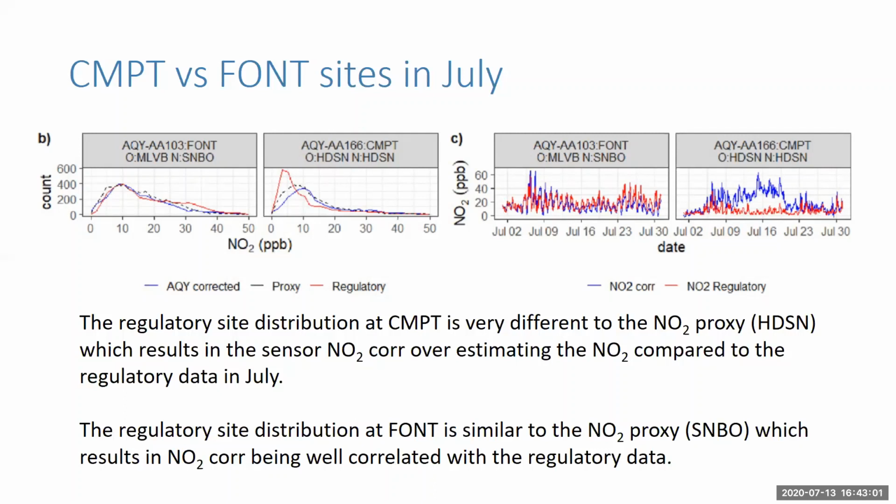Whereas the regulatory site distribution at Fontana is similar to its proxy at SNBO, which results in the NO2 correlation being well correlated with the regulatory data. So this shows the importance of the requirement that the distribution of the proxy is similar to that of the site.